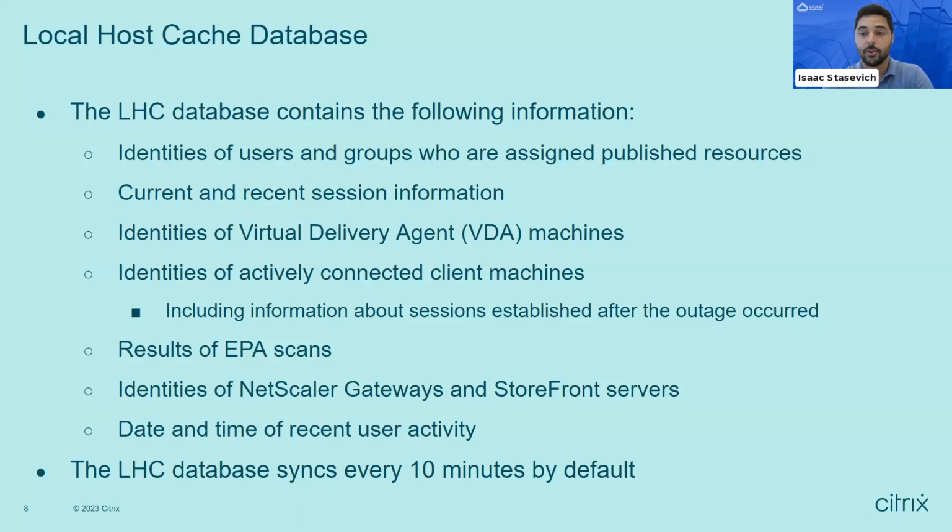Any EPA scans that you're running in your environment through a NetScaler gateway, it's going to have that kind of information. It's going to have identities of the NetScaler gateway and the StoreFront, and then a log of recent user activity. And by default, that sync period between your backup locally cached database and that primary database is going to happen every 10 minutes, but that is configurable. It can be longer intervals or shorter intervals, as your organization sees fit.